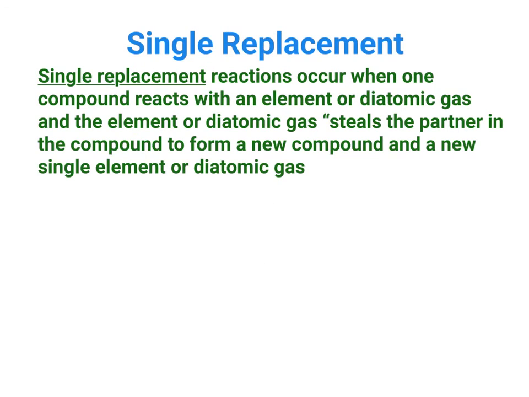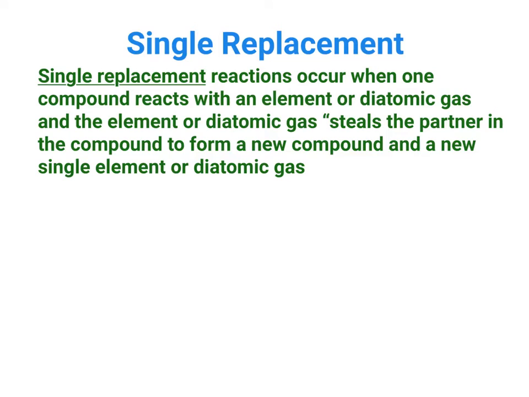Otherwise, single replacement has a very long definition. And when you go into the next little bit on the activity series, you'll understand more about it. But basically this is a reaction that occurs when one compound reacts with an element or diatomic gas, and that element or diatomic gas steals the partner in the compound to form a new compound and a new single element or diatomic gas.